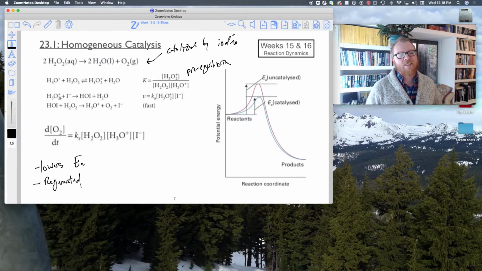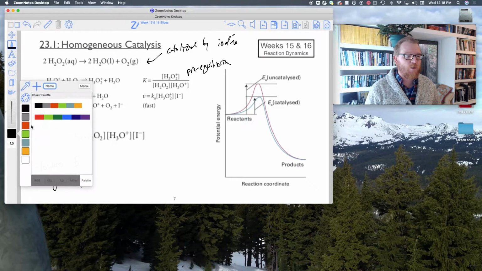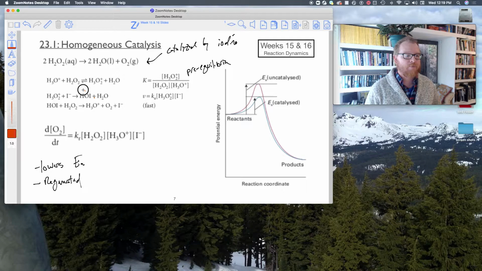Okay, and so it's this cation that's unstable that can react with the iodine catalyst and make this HOI intermediate. So I'm going to circle the intermediate in red. And now this HOI intermediate will react with another hydrogen peroxide, regenerating H3O plus and the final product O2, but also regenerating I minus.